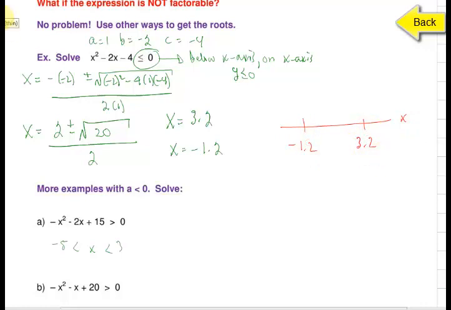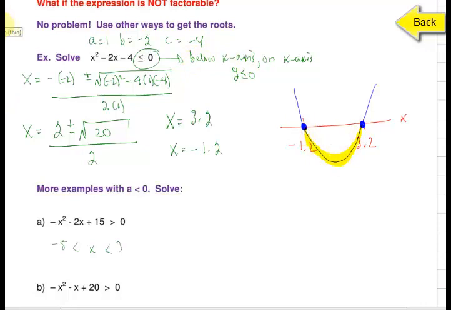We have a parabola that opens up because a is positive, so we graph a parabola that opens up. And we want to include our roots because we need our points that are on the x-axis, so we include -1.2 and 3.2 as part of our solution. And we want the region which is below, so we graph and shade that region below.